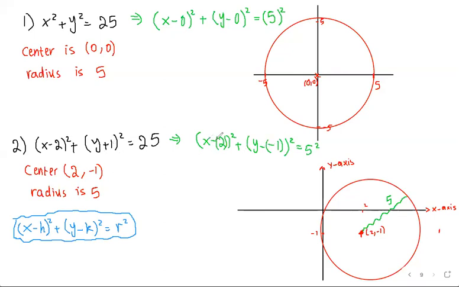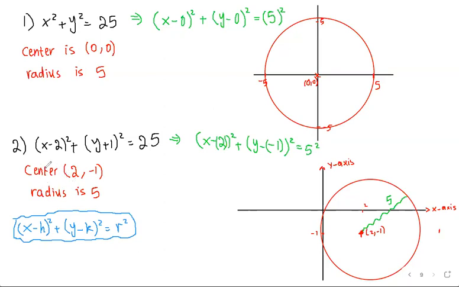So now look at the equation, x minus 2 and y minus something. This is what I need, x minus something, y minus something. So these things, 2 and negative 1, is my center. And the 5 square is my radius, the 5 only, because the radius square r here is 5.